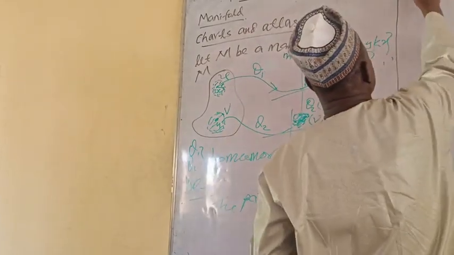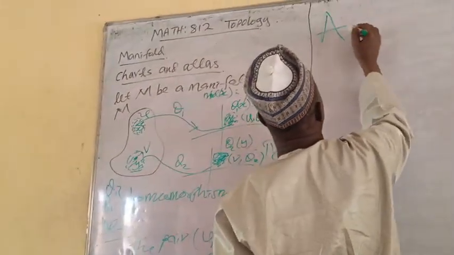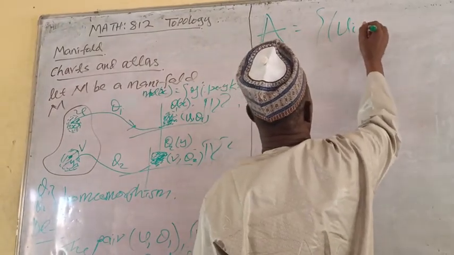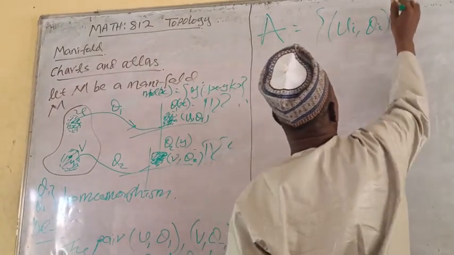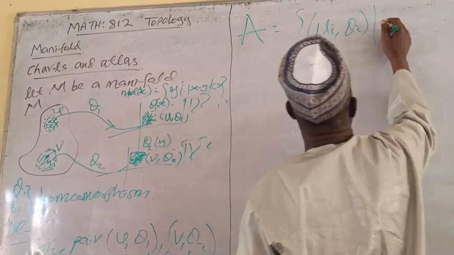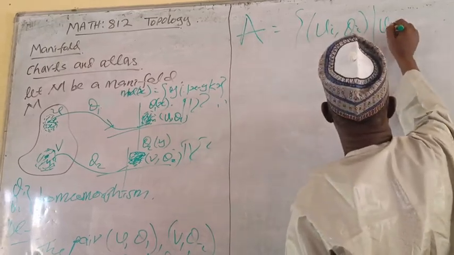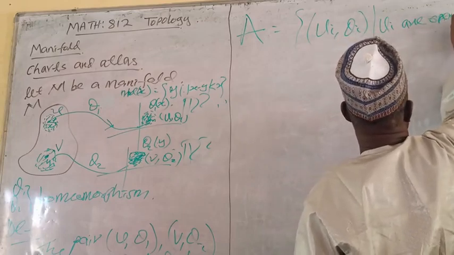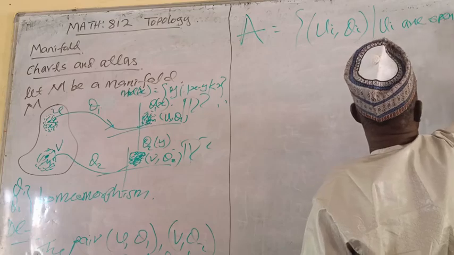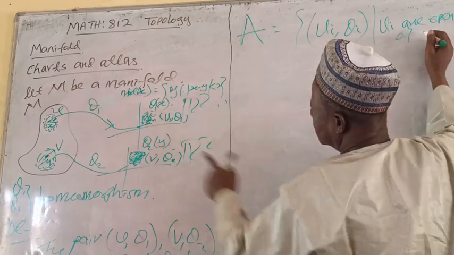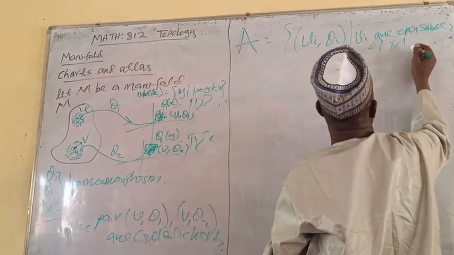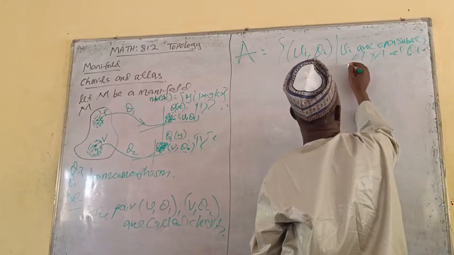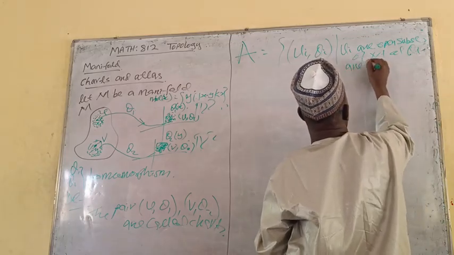Now, the collection A, which is a collection of all pairs (U_i, theta_i), where the U_i are open subsets of the manifold and theta_i are maps.